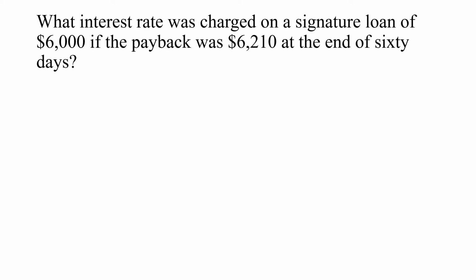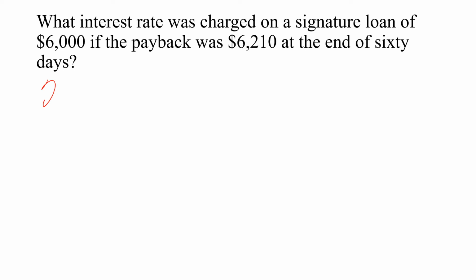What interest rate was charged on a signature loan of $6,000 if the payback was $6,210 at the end of 60 days? Okay, so let's see. We had a $6,000 loan, but we paid back $6,210.